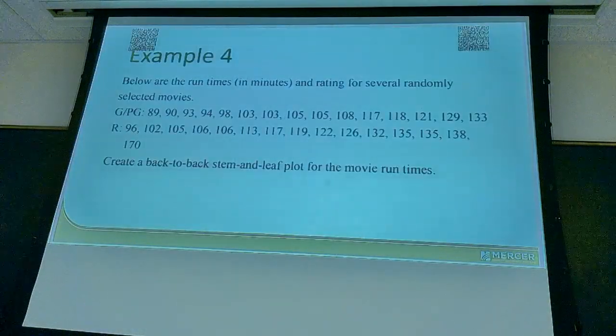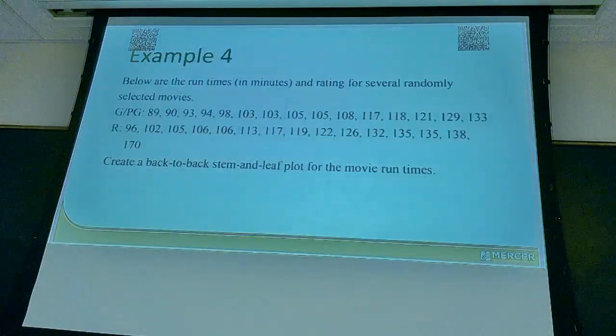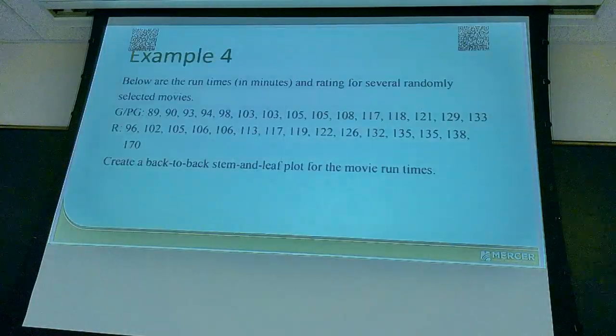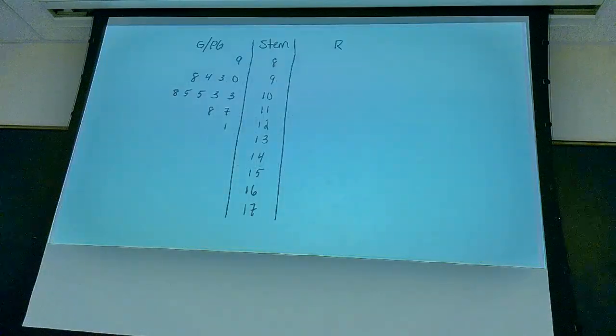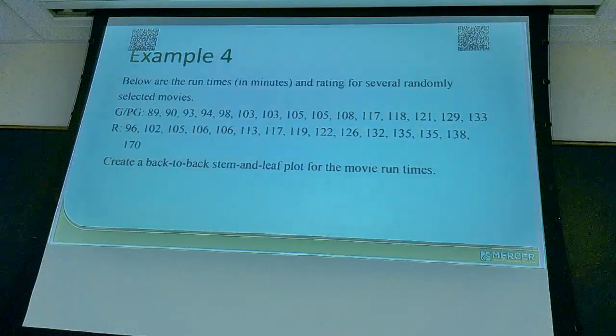Now we're on the 10s. 3, 3, 4, 5, 8. 11s: 7, 8. 12s: 9, 9. 13s.